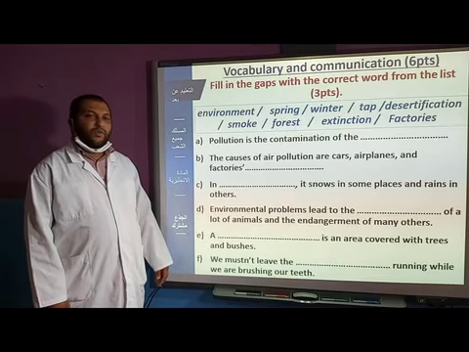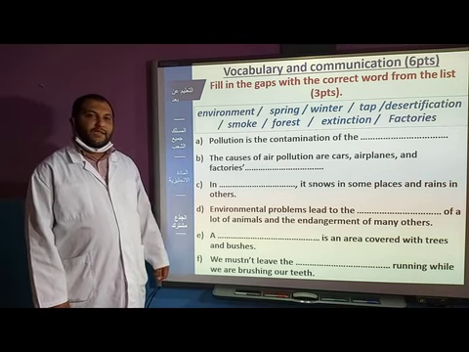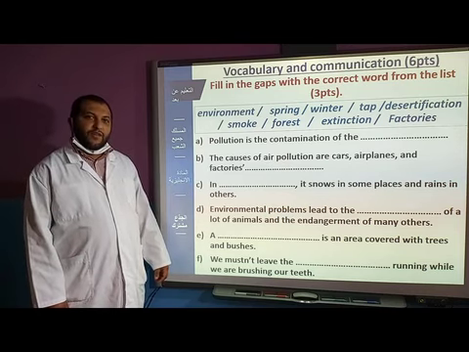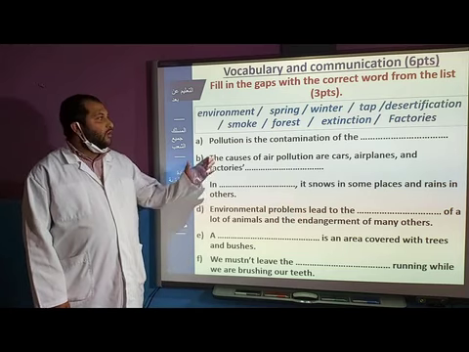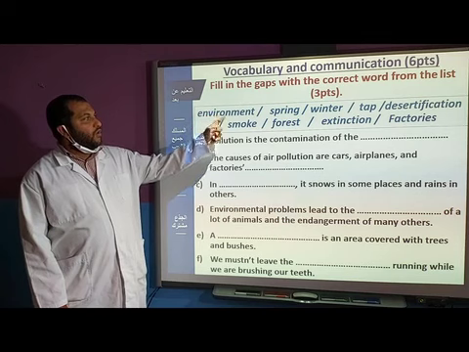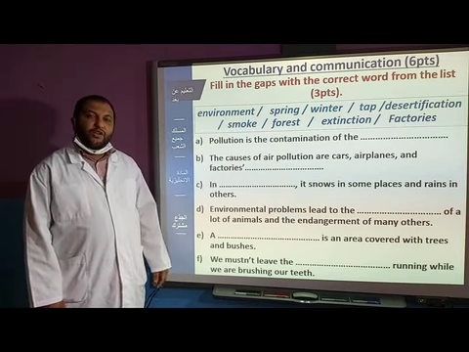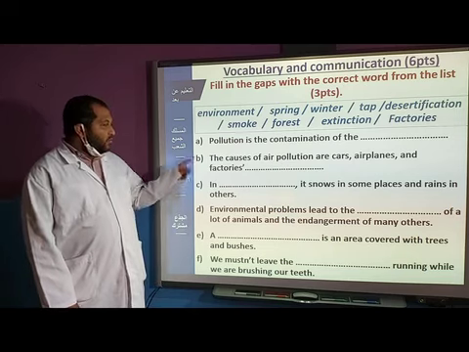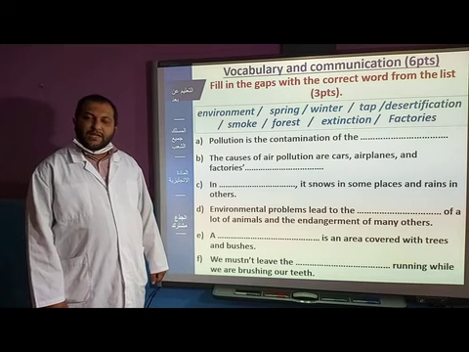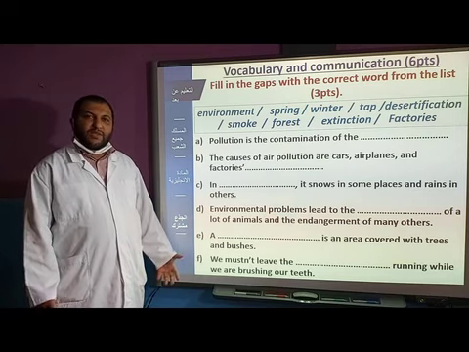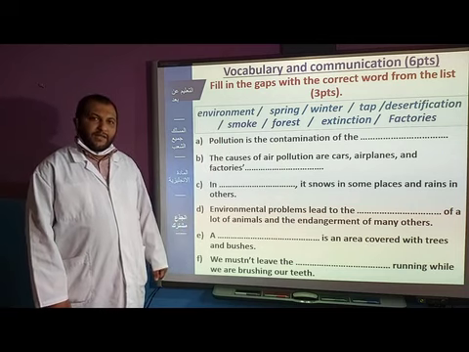First of all, we will start with vocabulary. Fill in the blanks with the correct words from the list. But pay attention. We have 9 words in our list, but we have only 6 sentences, which means that 3 words won't be needed.